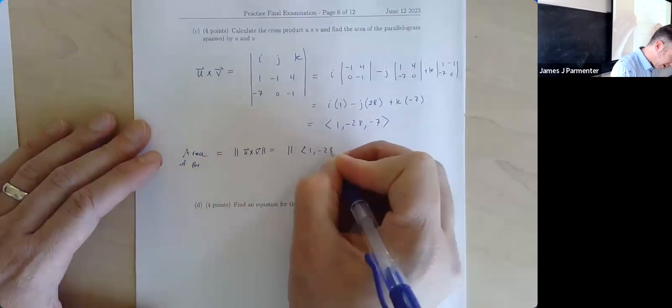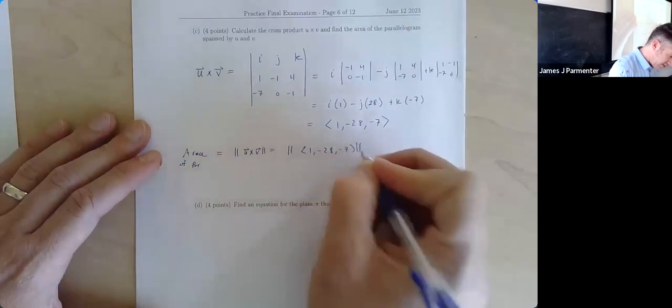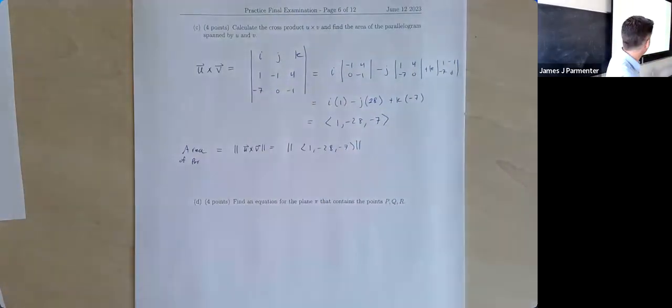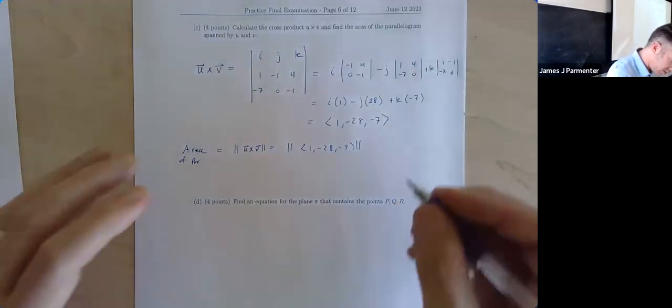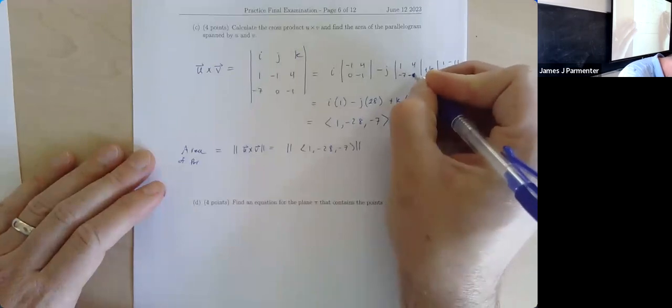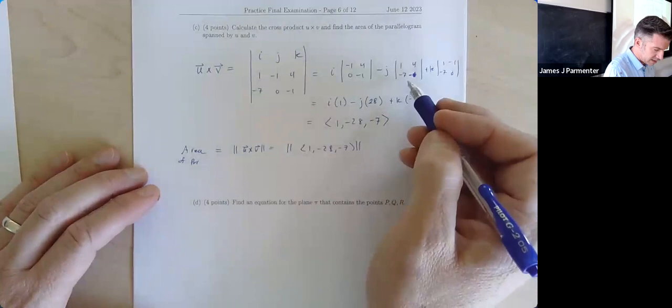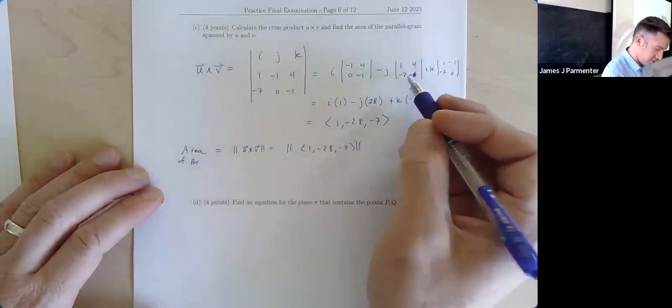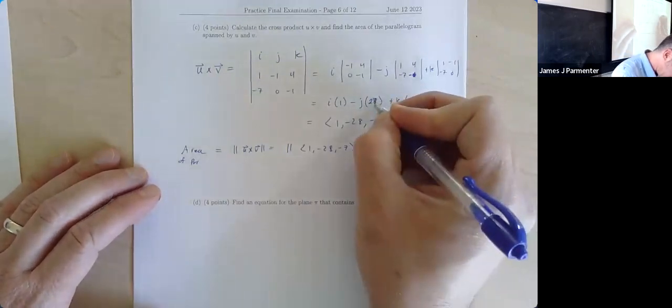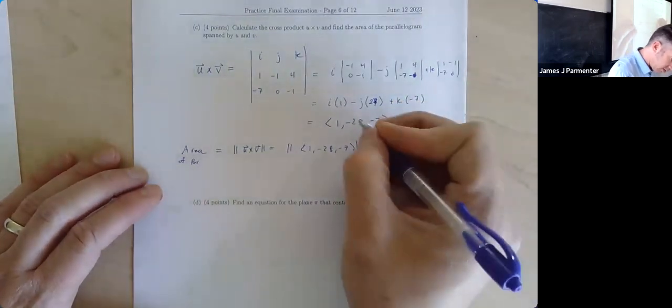Oh yeah, thank you, good call. This is going to change our value here. We should actually have a -1 minus -28, so that's going to be 27, not 28.